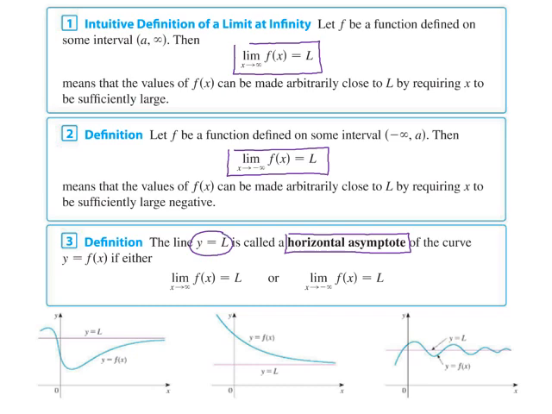Now, one major difference to note about horizontal asymptotes, as you can see from the 3 pictures at the bottom: when we did vertical asymptotes, that is what made the limit infinity, which means it blew up to infinity. You're not allowed to cross vertical asymptotes when you draw them. We haven't drawn any yet, but we'll see that in a little bit.